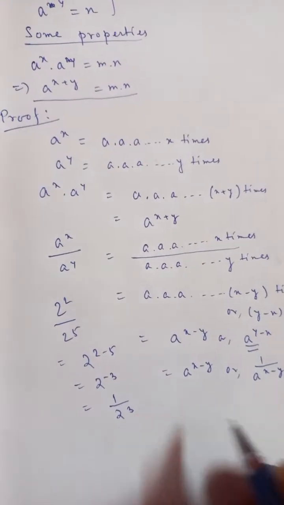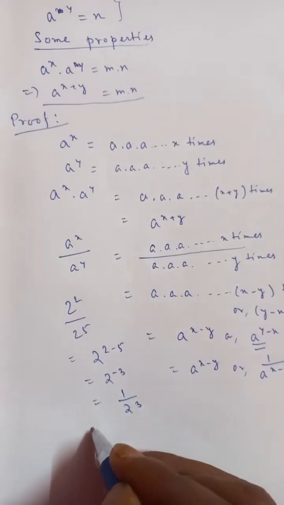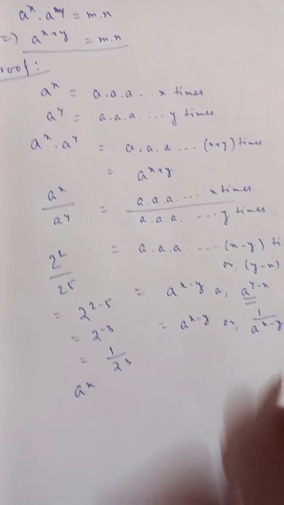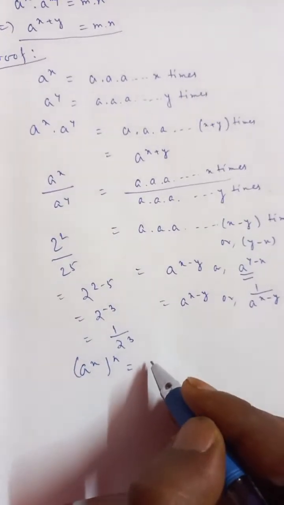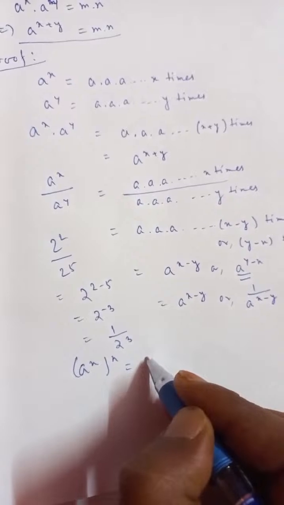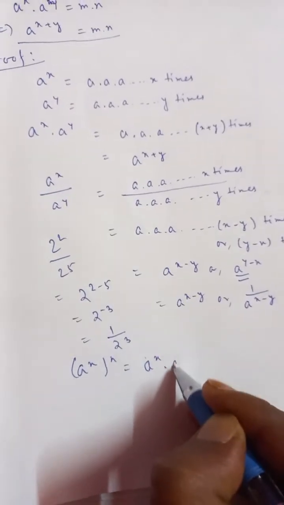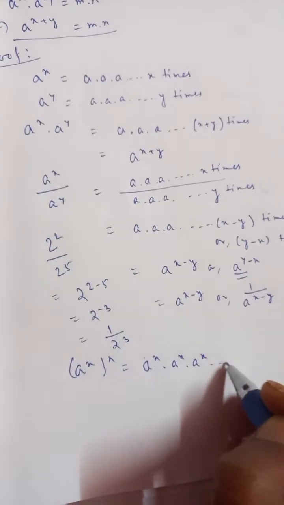Now, if we have a to the power x, the whole to the power n, then we have a to the power x multiplied a to the power x multiplied a to the power x up to n times.